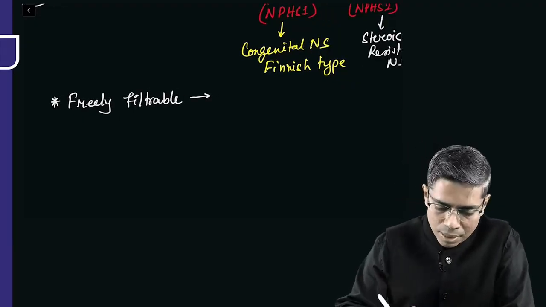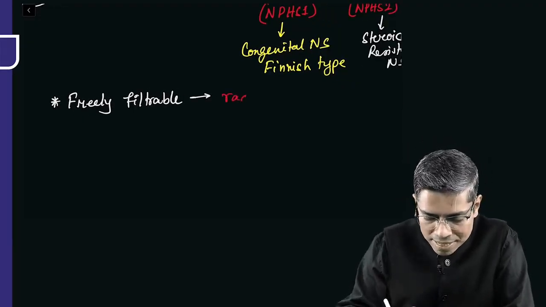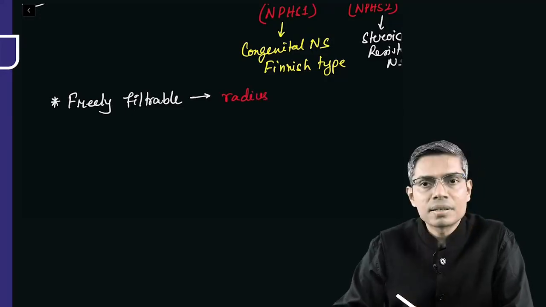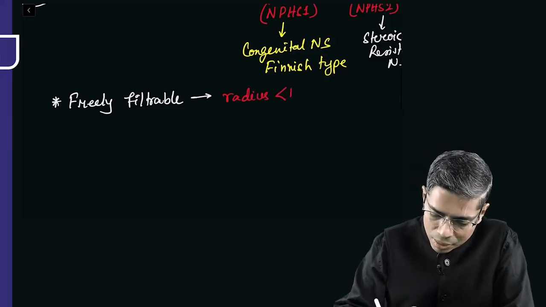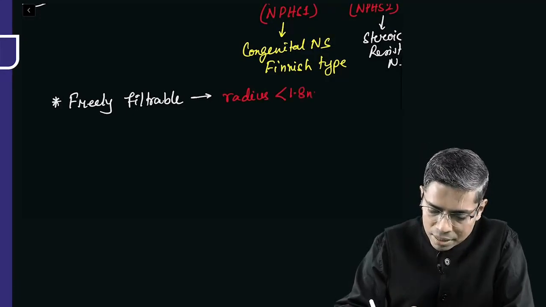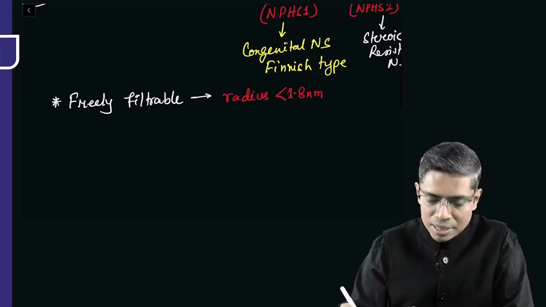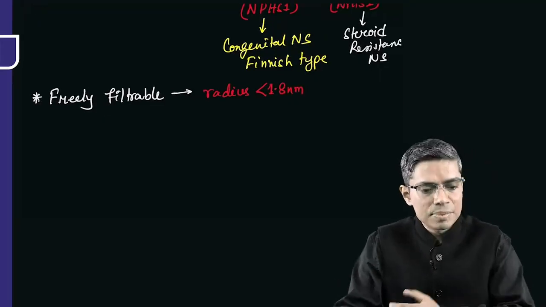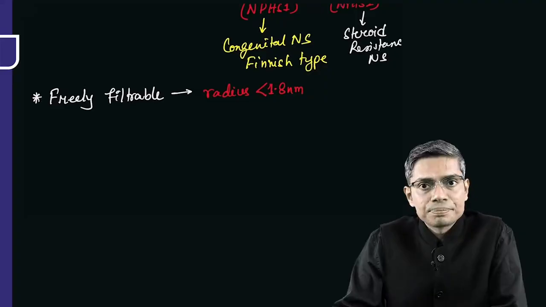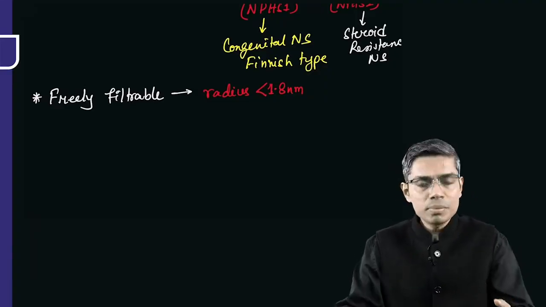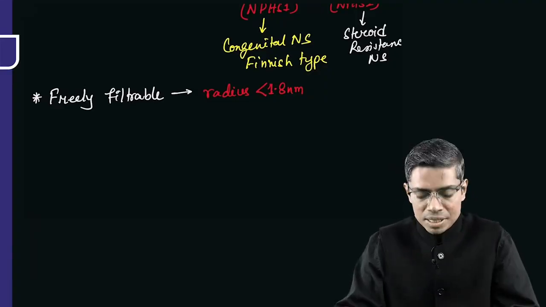If the molecular radius is less than 1.8 nanometer, please remember, I am talking about radius. If I am saying it in diameter, then you have to double it. Okay, 1.8 nanometer is the radius.